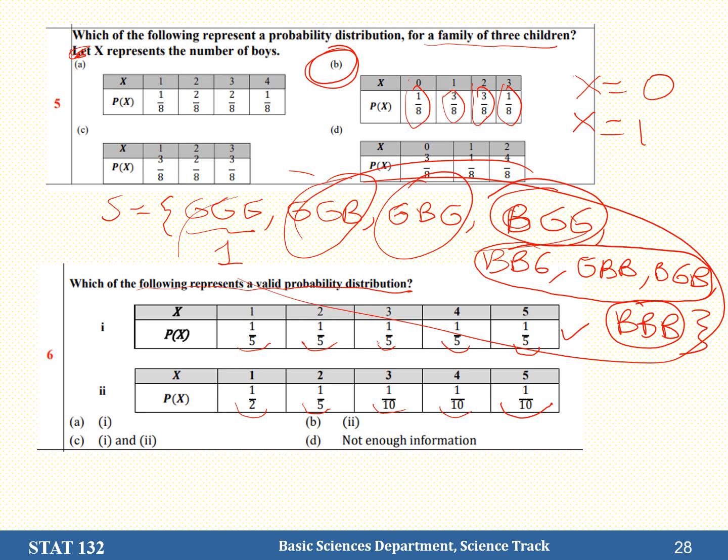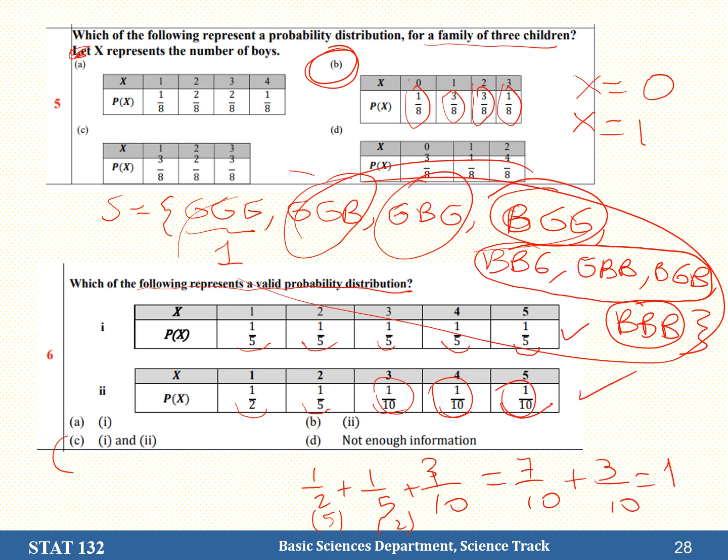They're all between 0 and 1, and let's check their sum. So these all 3 over 10. So it will be 7 over 10 plus 3 over 10, so it's just 1. So they're both probability distributions.